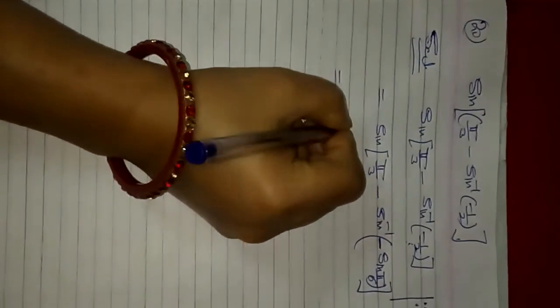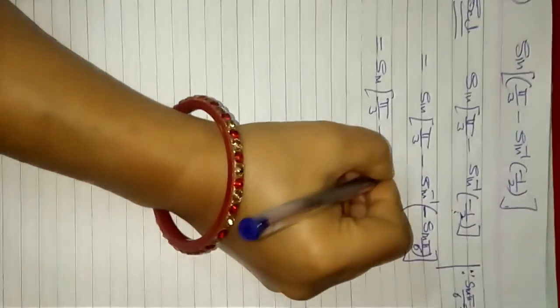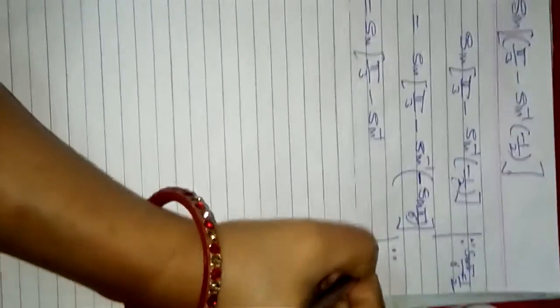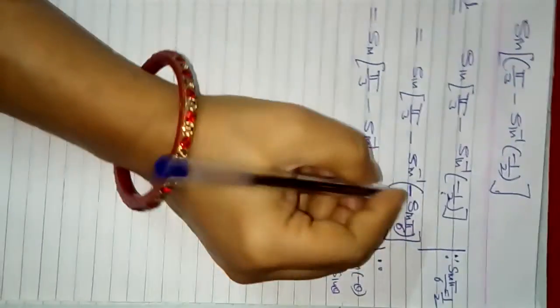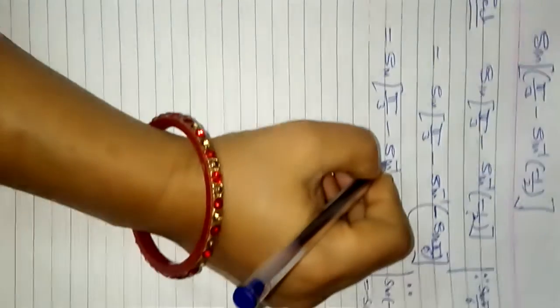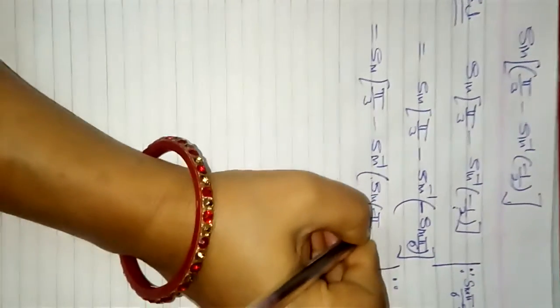Sine of pi/3 minus sine inverse. Now again I am writing here sine of minus theta is equal to minus sine theta. So minus is coming outside. We can write here sine of minus pi/6 like this.